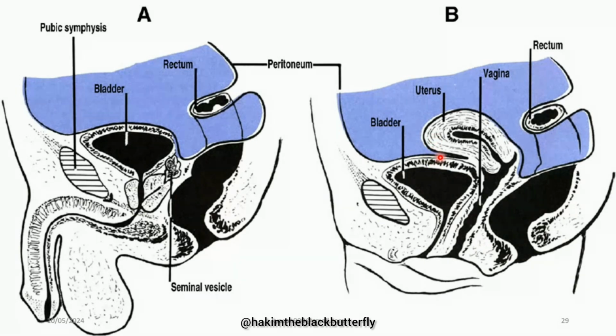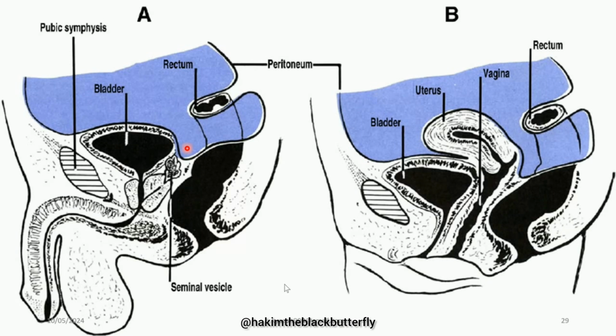Okay, so then here we didn't name this in the male. How is this one named? This pouch in the male? Yes, anyone? What's the name of that pouch in the male?